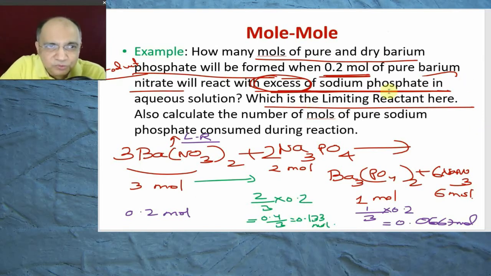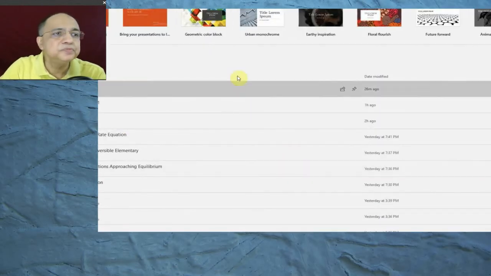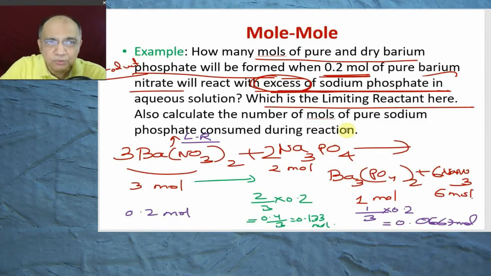How many moles of pure and dry barium phosphate will be formed when 0.2 mole of pure barium nitrate reacts with excess sodium phosphate in aqueous solution? Which is the limiting reactant here? Also calculate the number of moles of pure sodium phosphate consumed during the reaction, right?